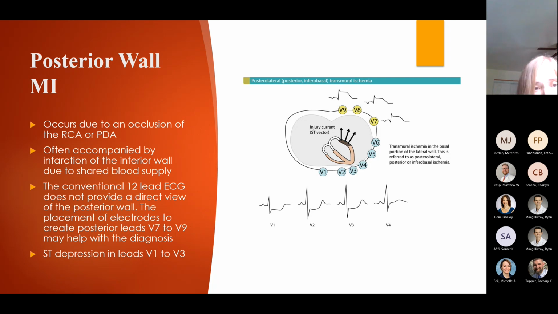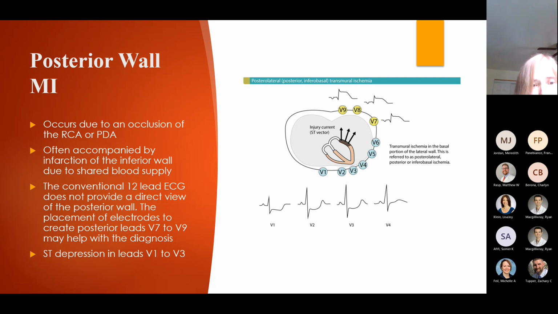Posterior MI. It happens with the occlusion of the RCA or posterior descending artery. And because it's another anatomical location, it's very near to the inferior wall, so inferior wall MI would share with posterior wall MI.